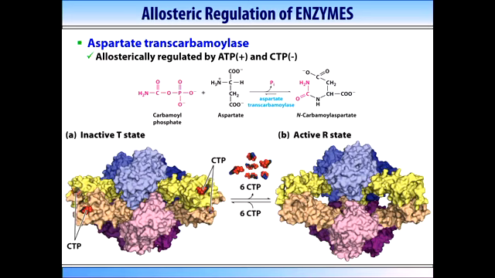When the enzyme, in this active form, produces too much of its product, which in turn leads to production of more and more CTP, then the CTP, when it reaches some threshold concentration, binds to this enzyme and closes it. So the enzyme becomes inactive, and the whole pathway stops producing CTP.